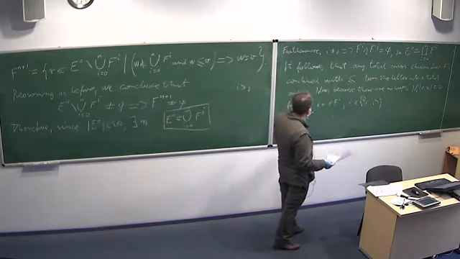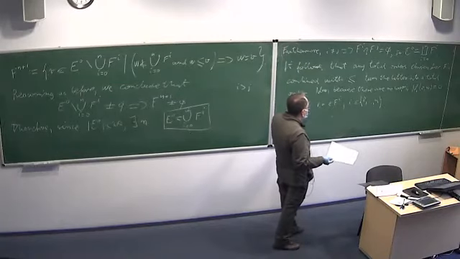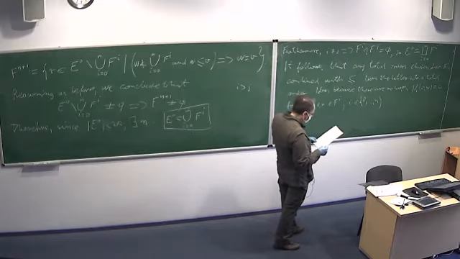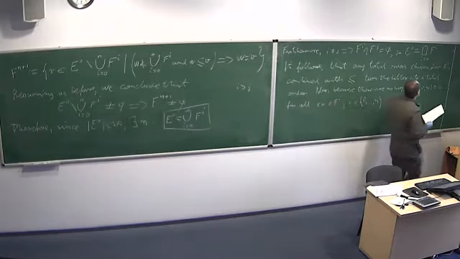Well, if W is equal to V, then of course there is no edge from V to V because there are no loops. Now, why is it? I told you already, but let me now argue why it is the case.